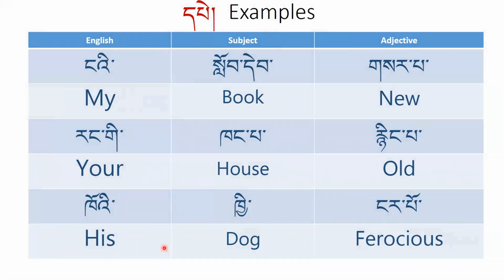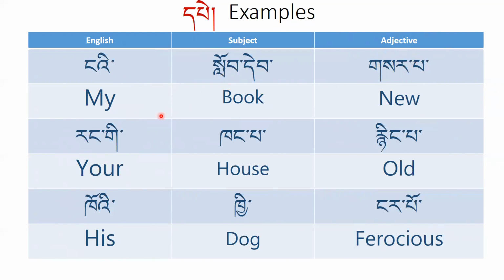Now let's look at some examples. What I have done here is I have a possessive term that describes an object that belongs to the person that the pronoun represents. And I have also introduced an adjective. What you will notice is that in Tibetan, the adjective is added after the noun to decorate the noun, or the subject in this case.